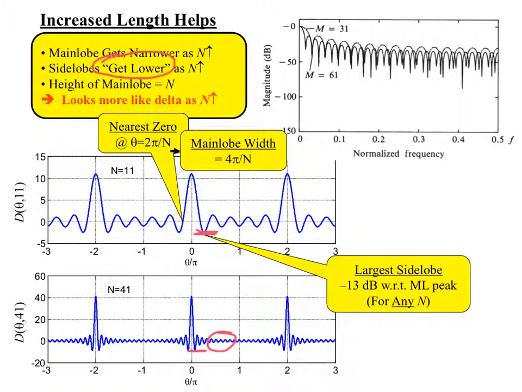So as I said, the design approach is to use the window shape to get the worst case side lobe down to where you want, and then pick the length to get the transition band how you want. Okay, so let's go on here.